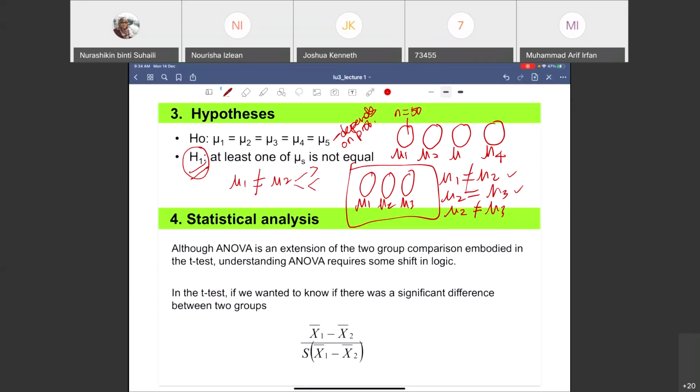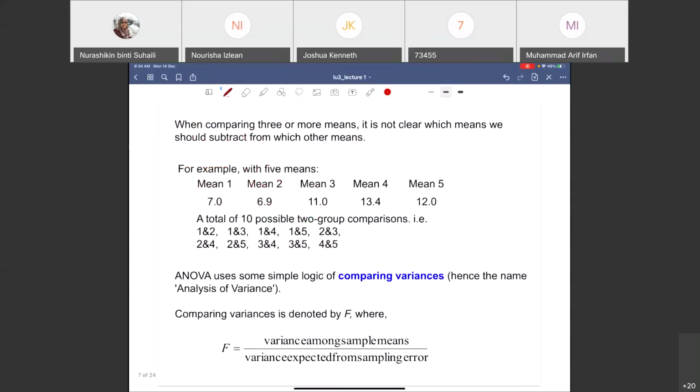Although ANOVA is an extension of the two-group comparison, understanding ANOVA requires some shift in logic. In t-tests before, we only had 2 samples. When we have more than 2 samples, at least 3, or more, let's say 4 and 5, we have to create possible pairs, because we want to compare whether mean 1 and mean 2 are equal or not, mean 1 and mean 3 are equal or not.